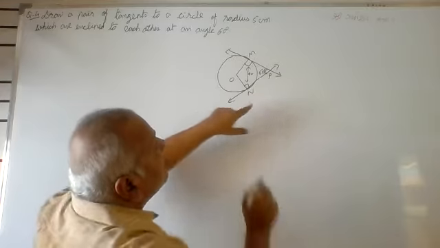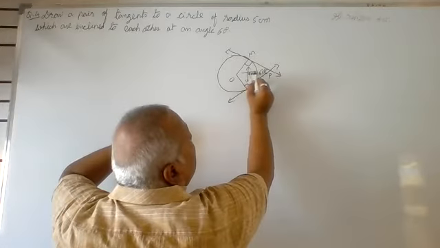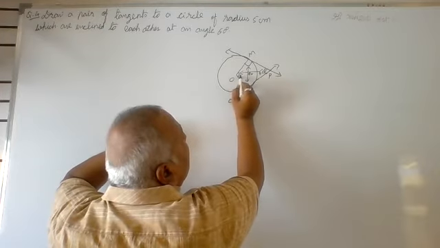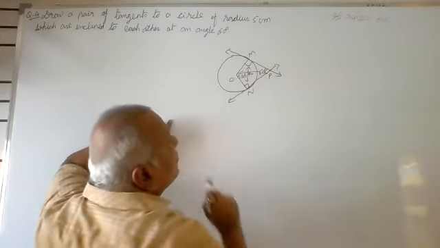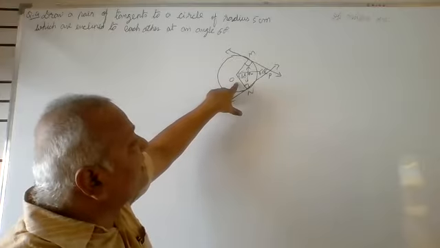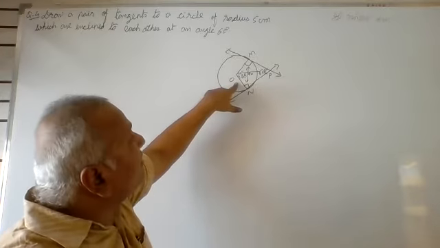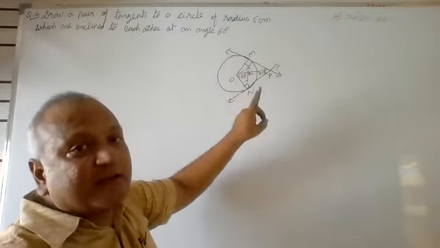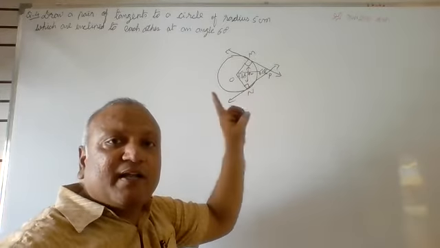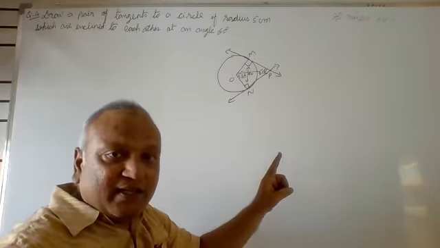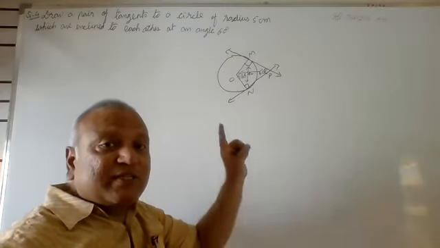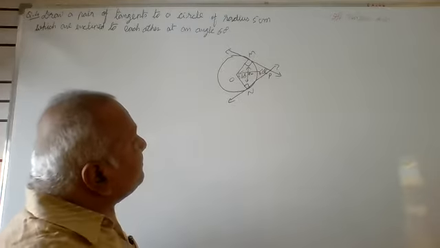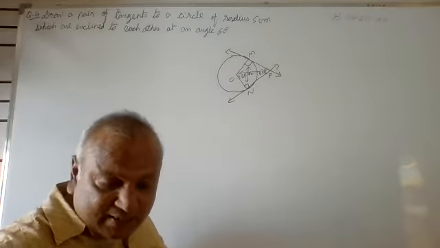It means the sum of opposite angles must be 180. So it is 60, it must be 120. So friends, we have to take this logic that between two radii we have to make an angle of 120 degree. Is it clear? So this theory must be kept in your mind. I hope you understand this theory.